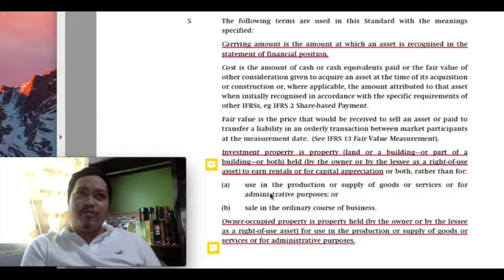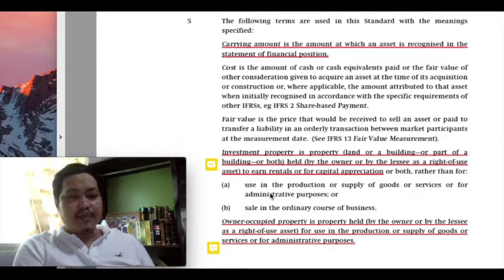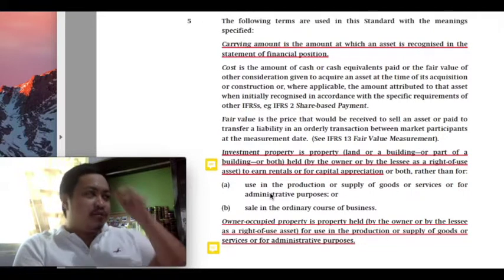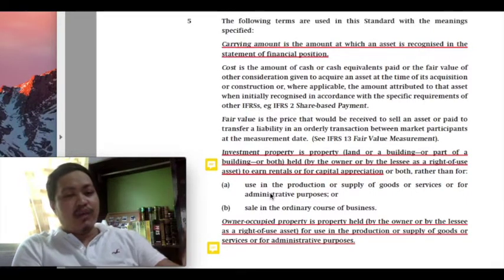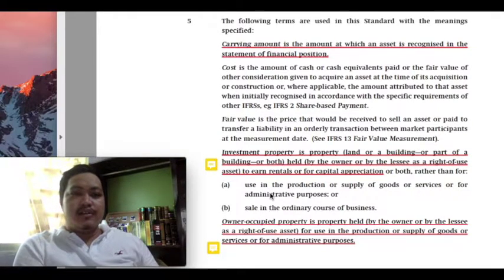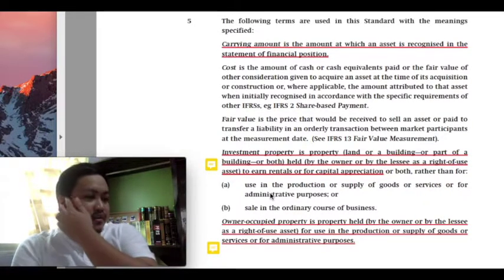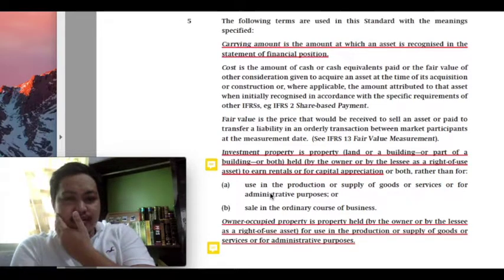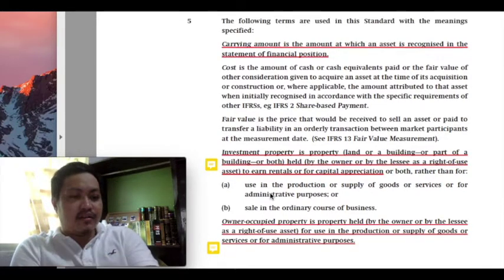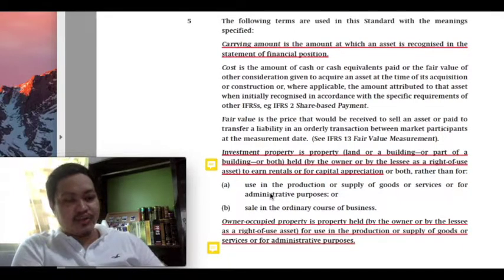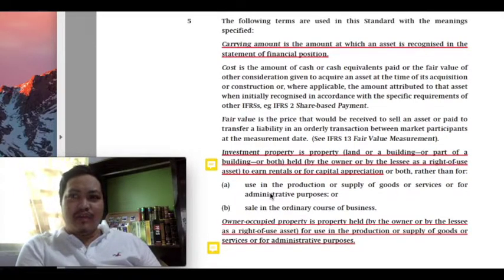There are, although, issues, class, that arose from this definition. For example, cell towers, class. There are those who own radio towers or cell sites, class, okay, and they lease it to those who are engaged in telecommunications. So the question now is, how are you going to classify that cell tower, radio tower?